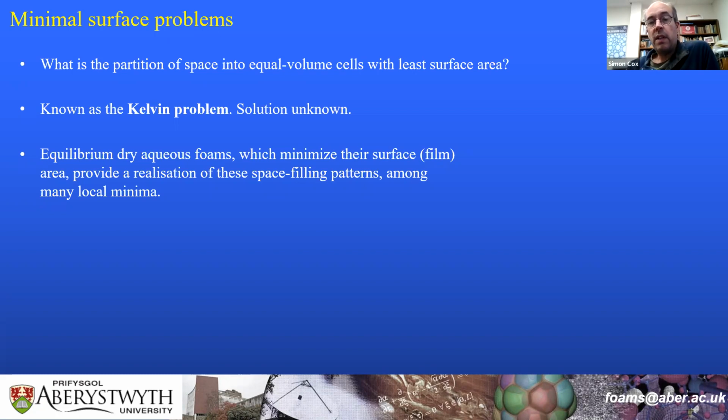And so what I'm going to talk about is, I think, somewhat esoteric in terms of what one is trying to do: find the global optimization, the solution to the global optimization. But if foams could rearrange to seek out the lowest of many local minima, this is what they'd be doing.